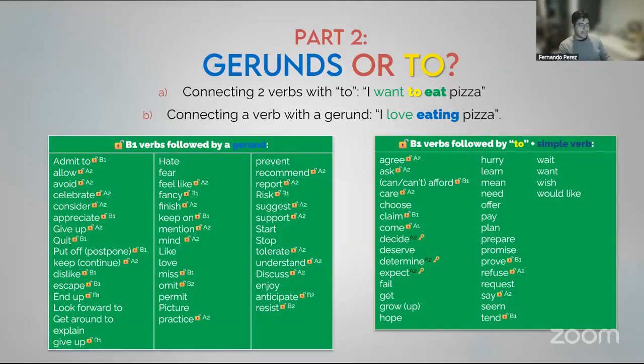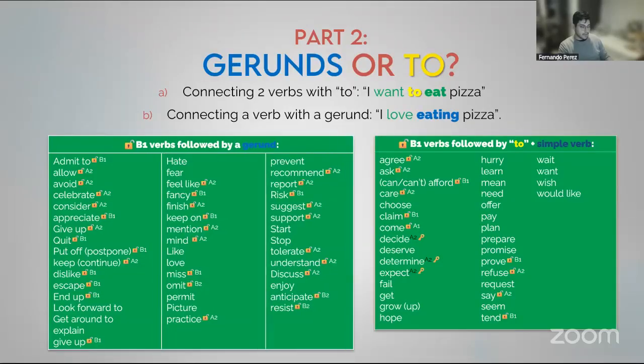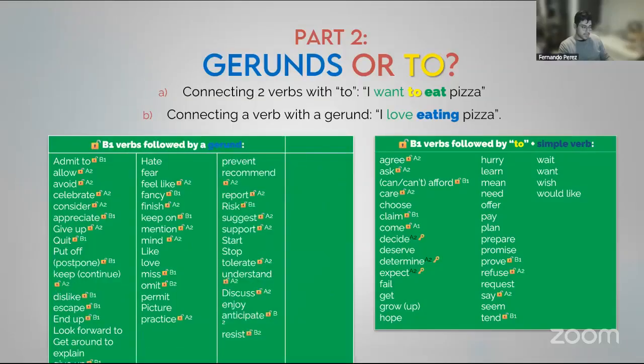And then we can add over here a little note that all the verbs that need a preposition, after a preposition, we always use the gerund.